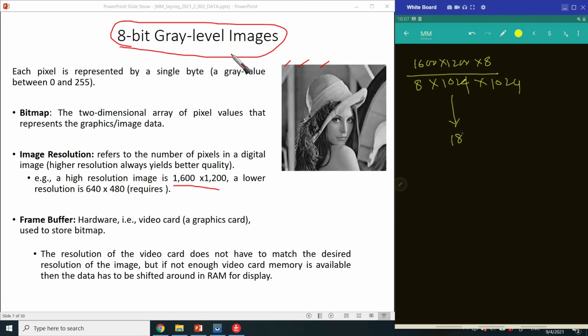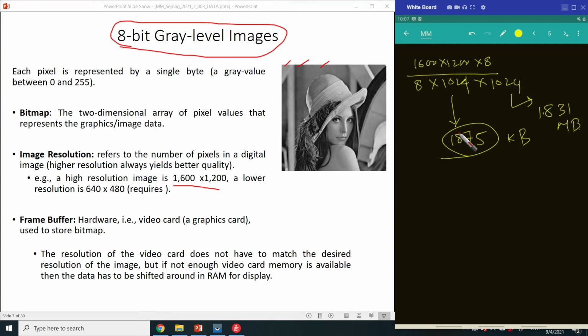If you just do the math, it will be around this many kilobytes, and dividing again by 1024 it would be 1.831 megabytes. I hope this is very simple math and calculation, so you understand that.